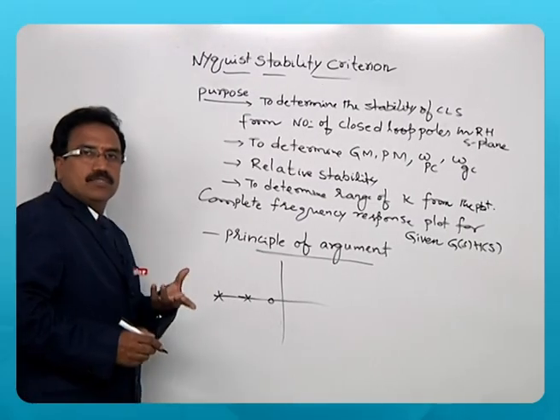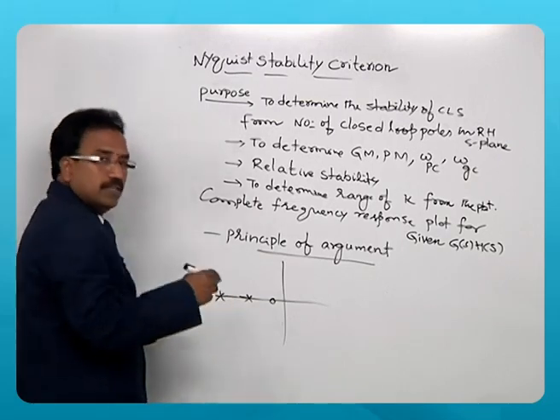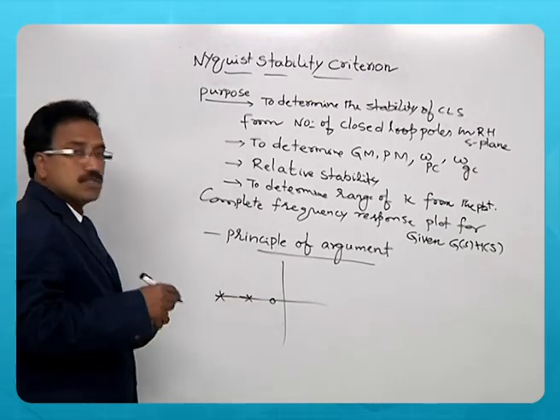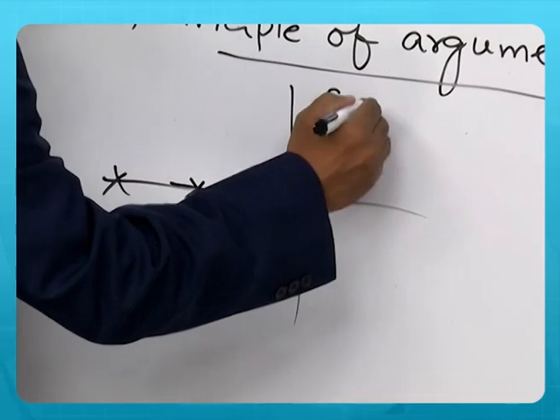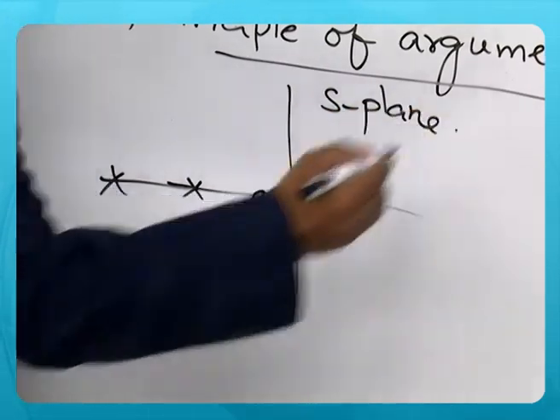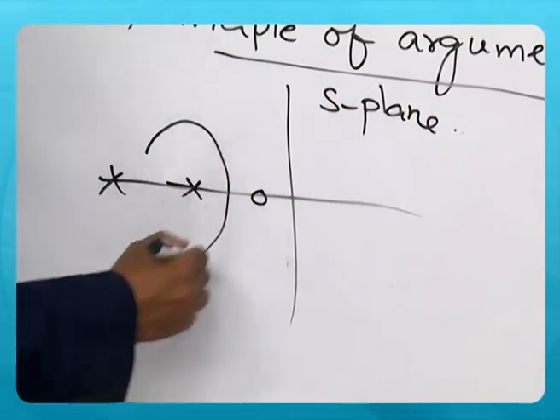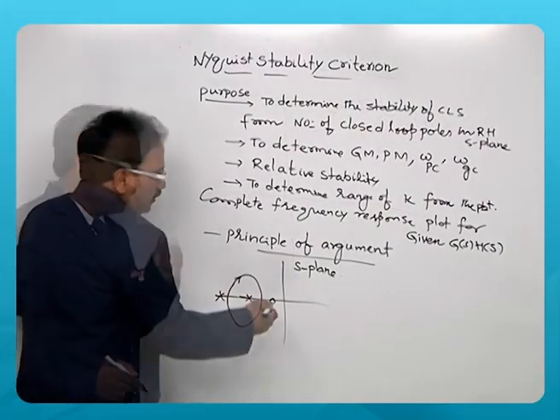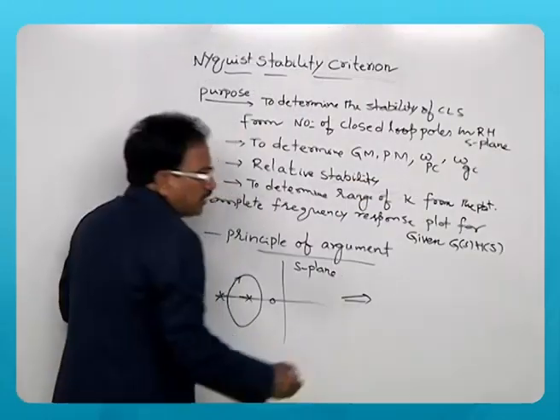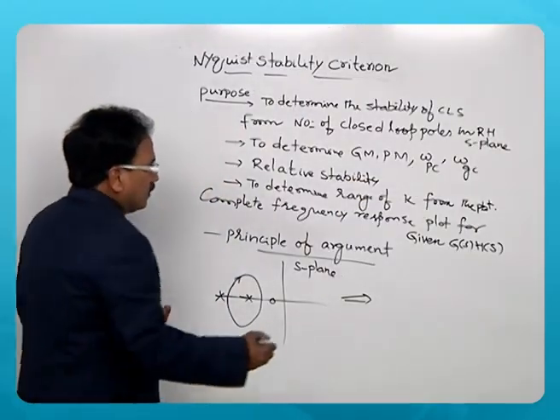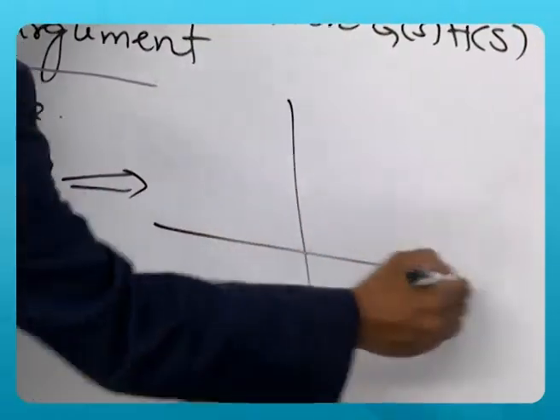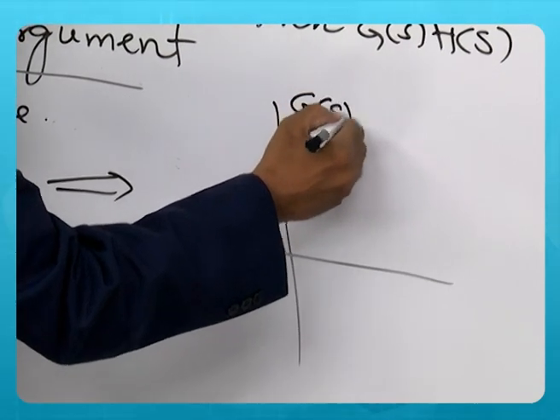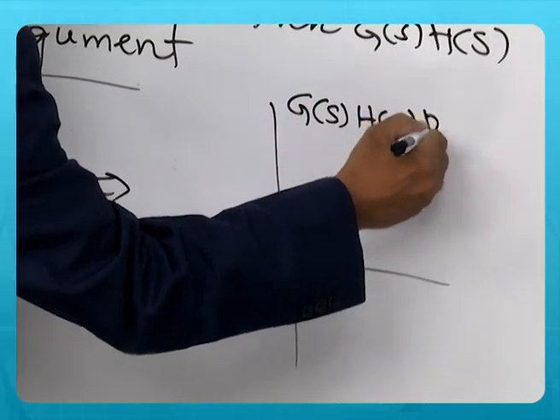Say some poles and zeros are covered by a closed path in the S-plane. Say this pole is covered in the clockwise direction. There will be a corresponding plot in the G(s)H(s) plane.